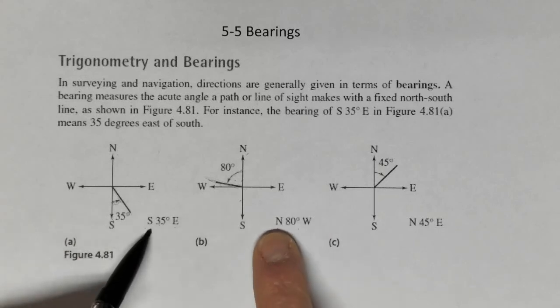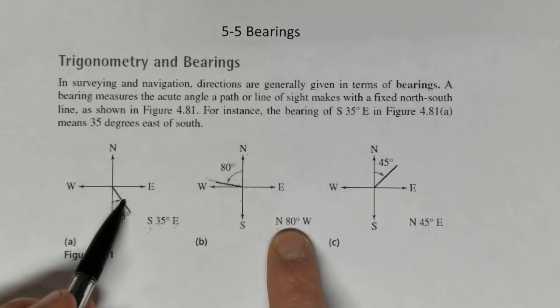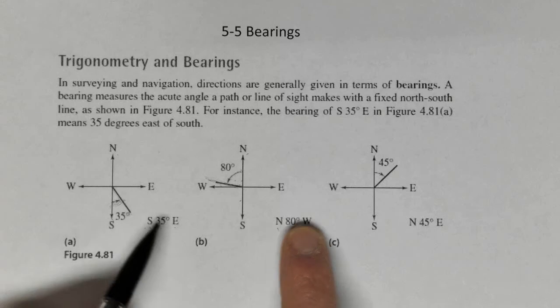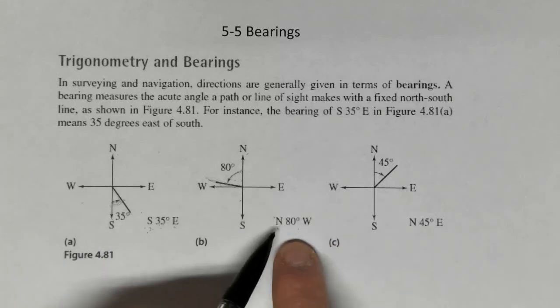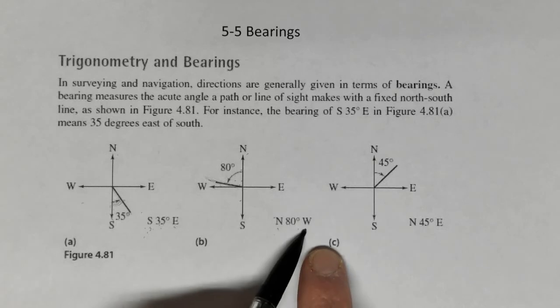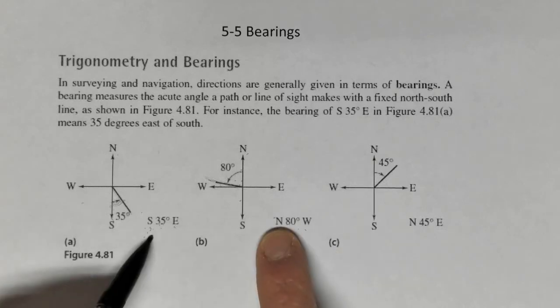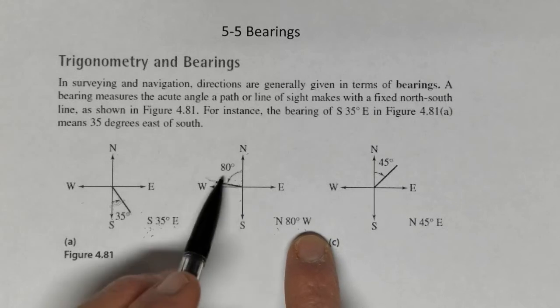So remember, in the bearing, the north-south is written first. The acute angle to the direction you're going comes next, and then the direction, either east or west of that north-south reference line, is written last. So the north-south comes first, and the east-west comes after the angle.